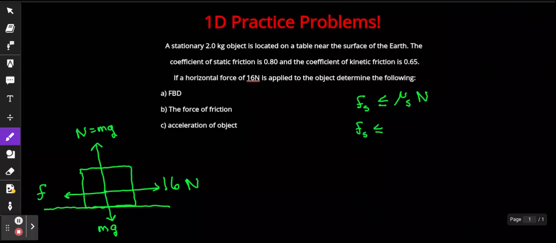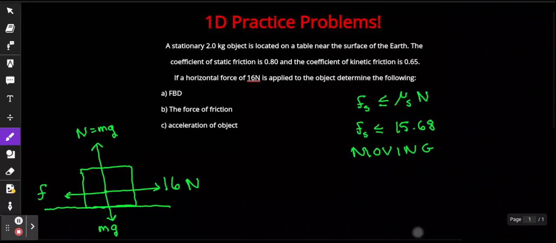So 0.8 times 2 times 9.8, which is 15.68 as we determined before. So as you can see, our force applied is greater than the static friction. That means that our object is moving and that the friction applied in the opposite direction is actually kinetic. So we have to figure out the kinetic friction.